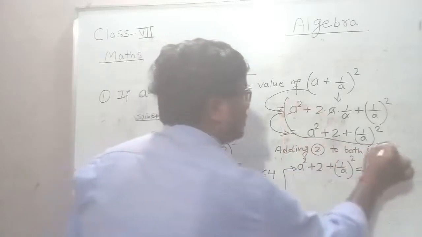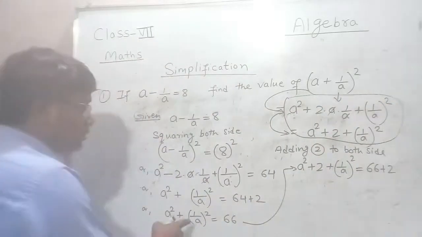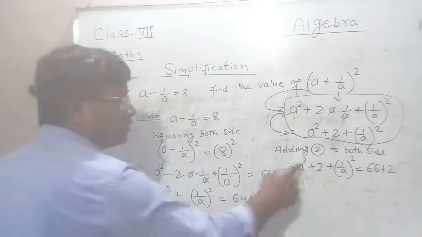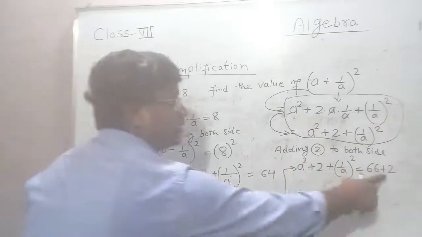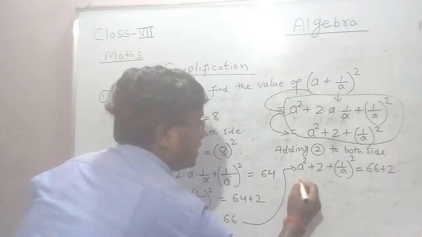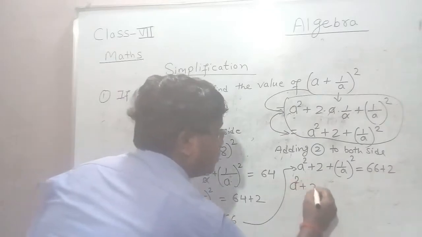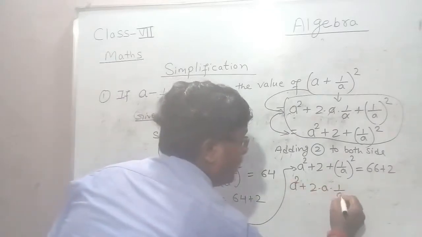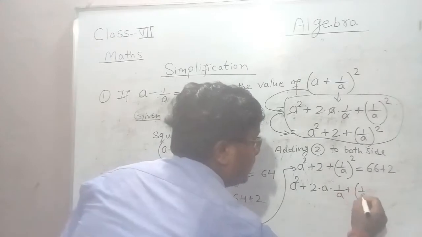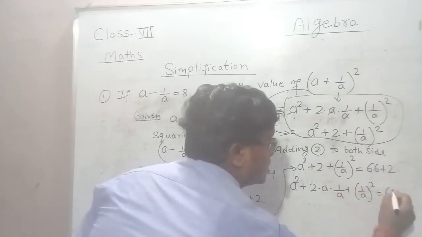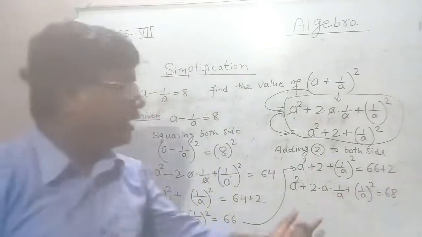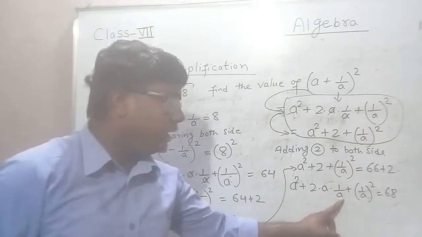This was the hint. So I am adding 2 on both sides, so plus 2 here and here also plus 2. So we can understand this 2 as a square plus 2 into a into 1 upon a plus (1 upon a) whole square is equal to 68. Why can we understand this? Because a and a can be cancelled.